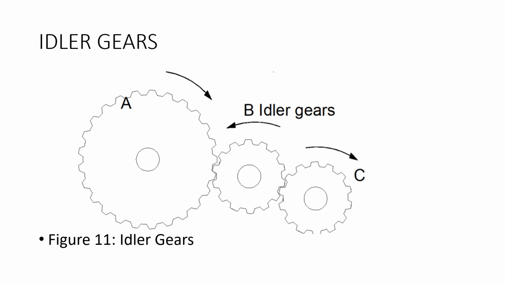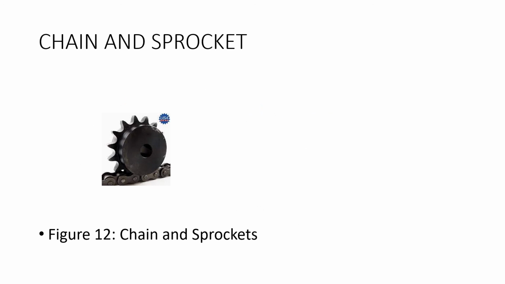Check here in figure 11: gear A goes in a clockwise direction, gear B rotates counterclockwise, but gear C now moves in the same direction as gear A. So gear B is introduced to change the direction, and is called an idler gear.